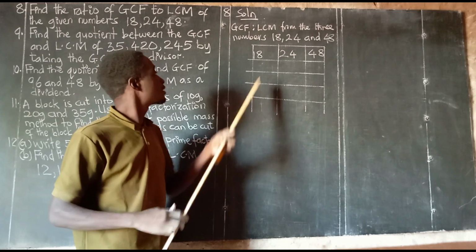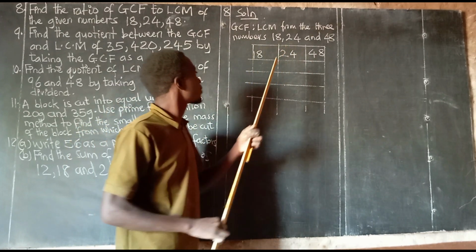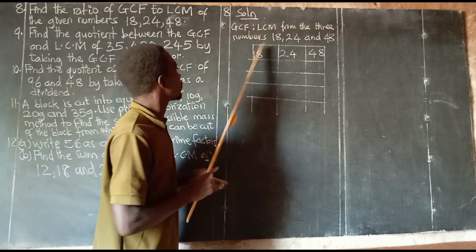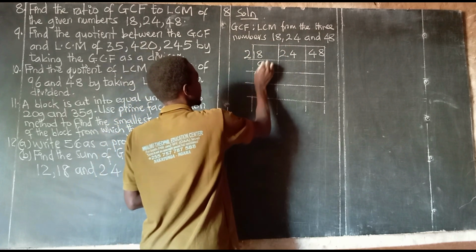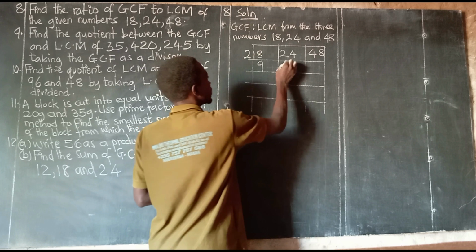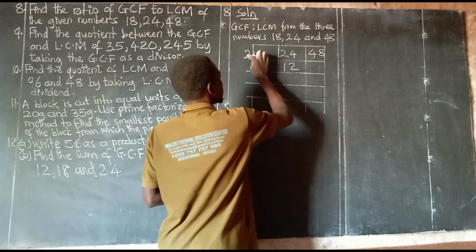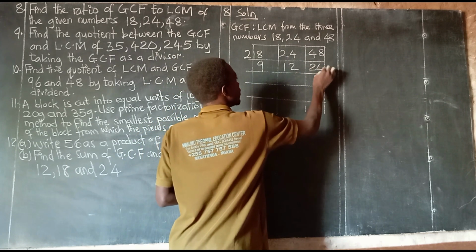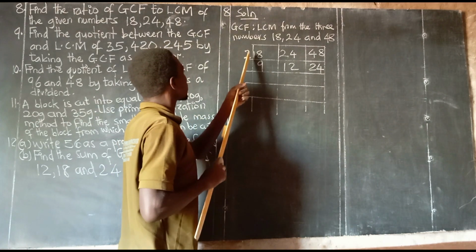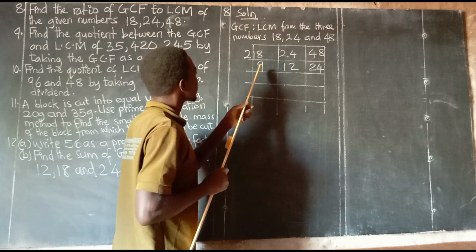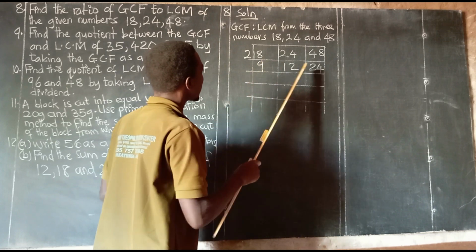Is any of the 3 divisible by 2 completely? Yes, all of them. So we start with 2. 18 over 2 we get 9, 24 over 2 we get 12, 48 over 2 we get 24. Now we are through with 2. Can we still use 2? The answer will be yes if there is any number which is divisible by 2.